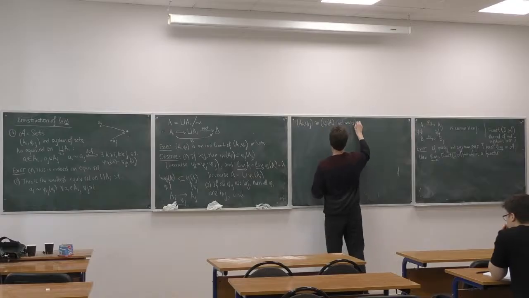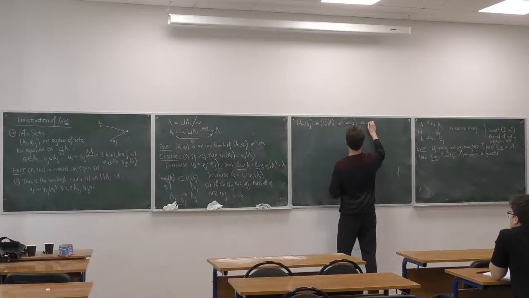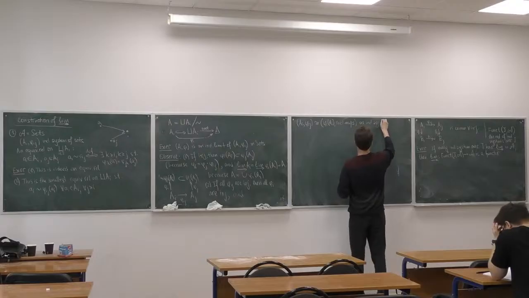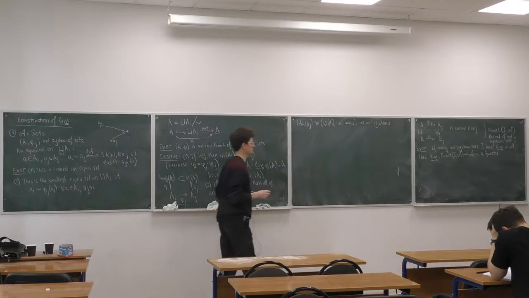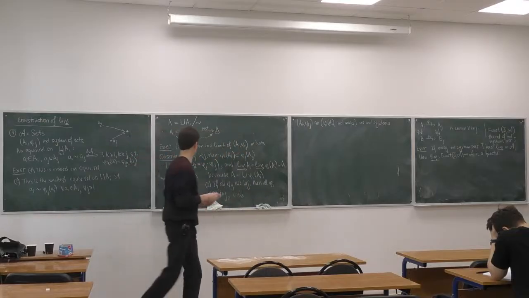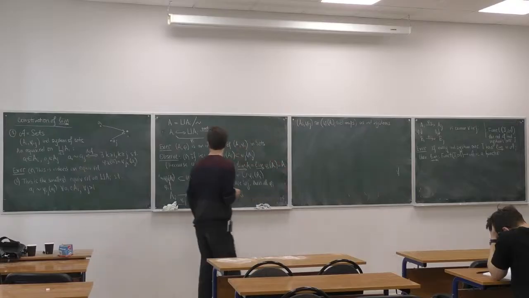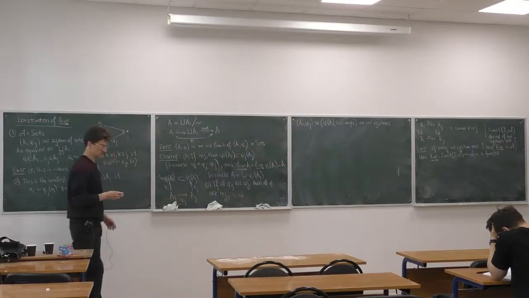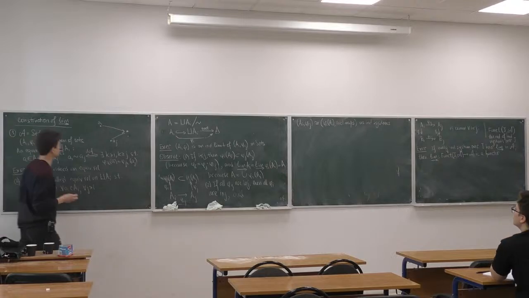So they are isomorphic as inductive systems. So in summary, every injective inductive system of sets is isomorphic to a suitable directed chain of subsets. Okay, so this is the construction of the inductive limit in the category of sets.